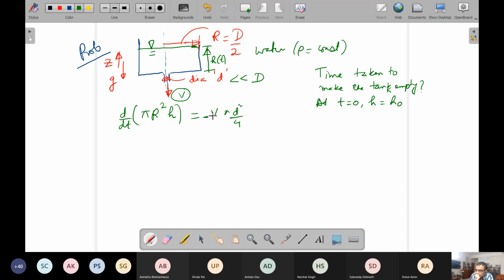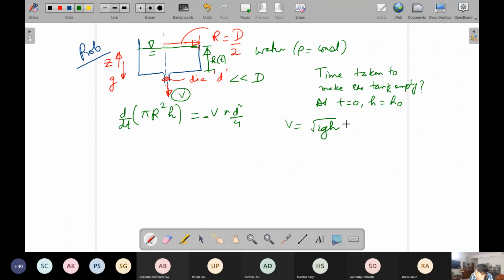So then, next, the velocity is to be found out from the Bernoulli's equation at the free surface and at the bottom surface. So typically this is the velocity that, if I remember, in my own junior classes, this was the expression of velocity that was used.